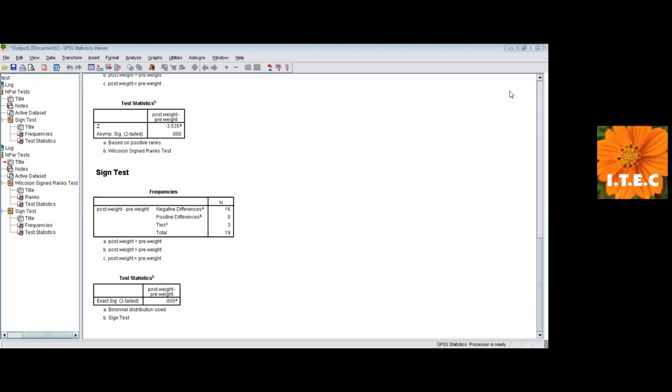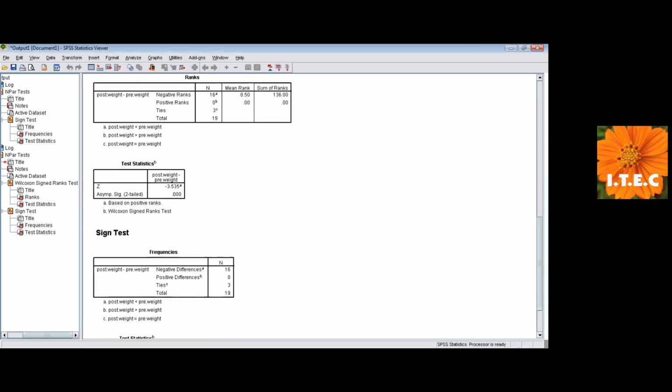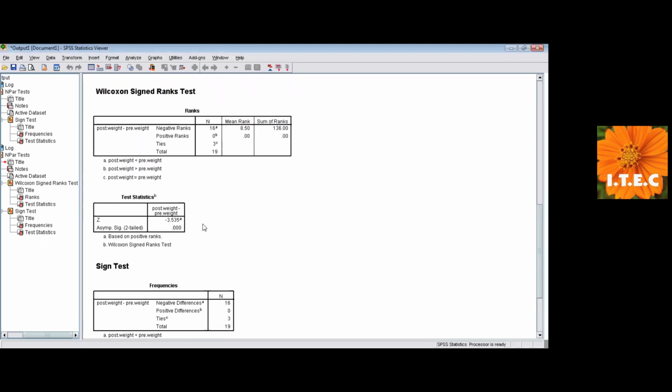Now, another thing you can see here is that in case of Wilcoxon signed rank, we are writing the word mean ranks. And here, what have I written?